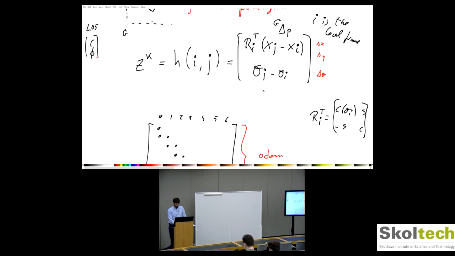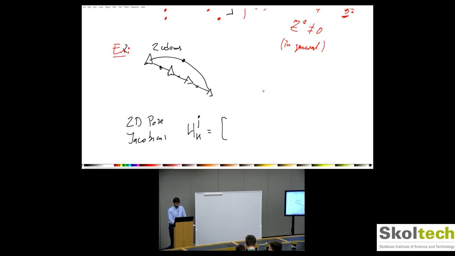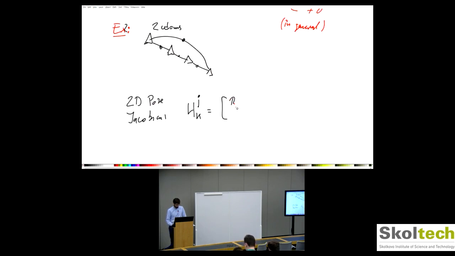This derivation is easy. What it's going to be here is this rotation, because this rotation depends on i, and we are deriving with respect to j. And then the Jacobian is going to be similar here. It's simply the same, but negative, right?